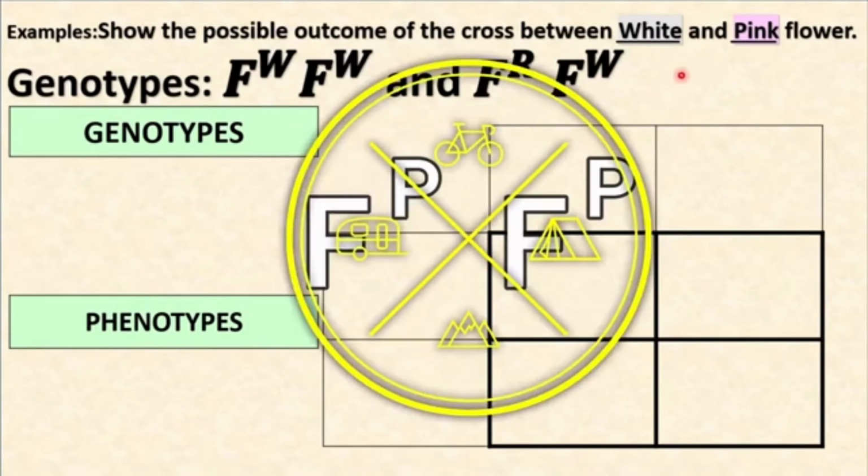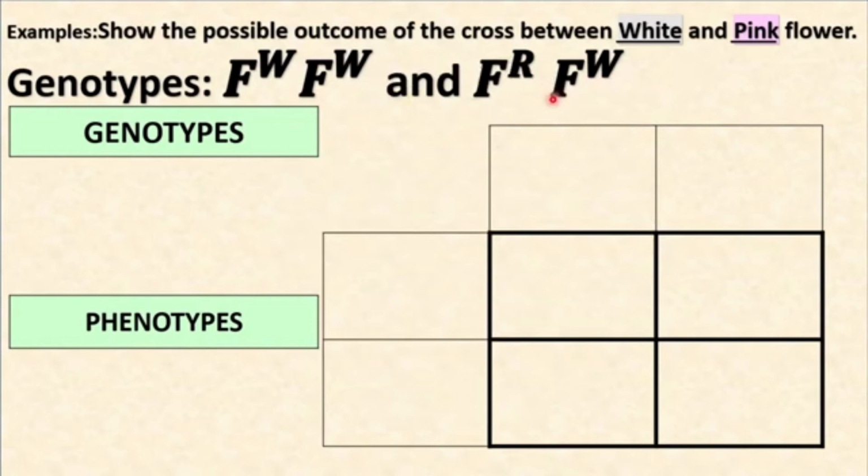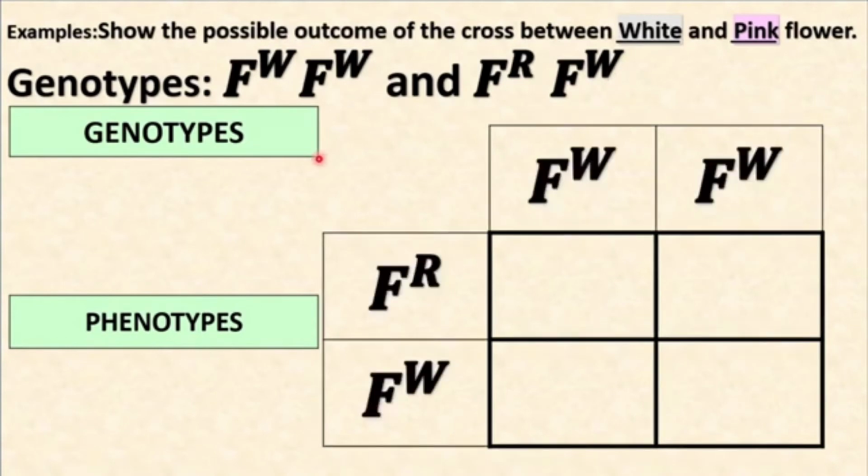That is wrong because pink flower originated from the red and white flower. That is why the genotypes are FR and FW. Always remember that. Now let us cross FW or the white flower and the pink flower using Punnett square.